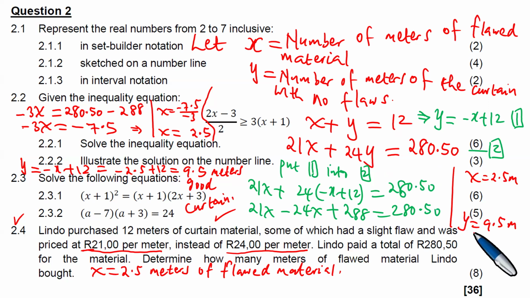Then that would mean the values are correct. But also, it would mean that if you put X and Y in the bottom equation, you will be able to get the correct answer.